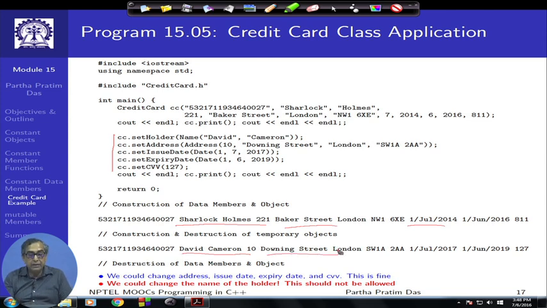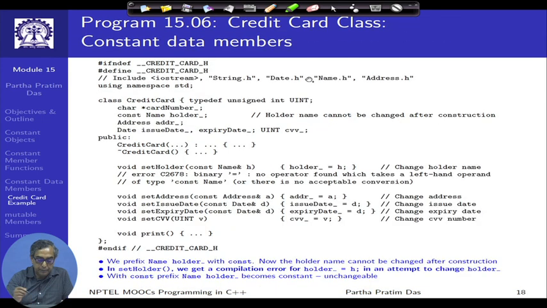So, we could change all of these different fields, which is fine, but the disturbing part is we are able to change the name of the holder, which according to a credit card issue system should not be possible. A card issued to someone cannot be reissued to someone else. So, we have to stop this possibility of changing the name of the holder. So, this is where we will now use constant data members.